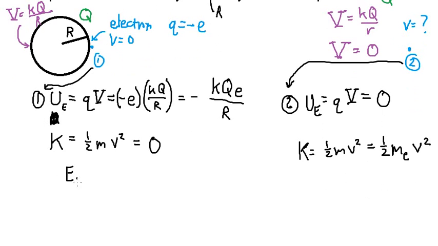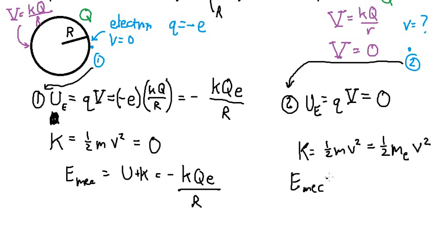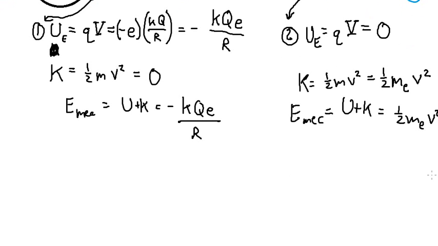So this voltage is zero out here, at state 2, which then simply means that the potential energy out there is zero. No problem. The kinetic energy at the end is 1/2 mv squared, which is 1/2 times the mass of an electron times the electron's final speed squared. Okay, so now we're at a pretty easy point where we just do a conservation of mechanical energy.